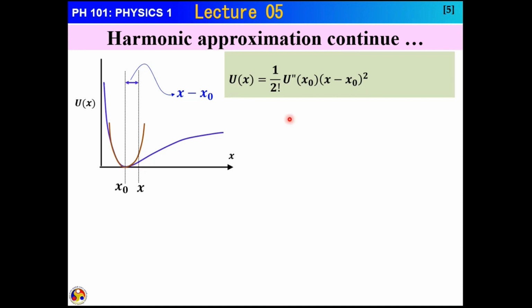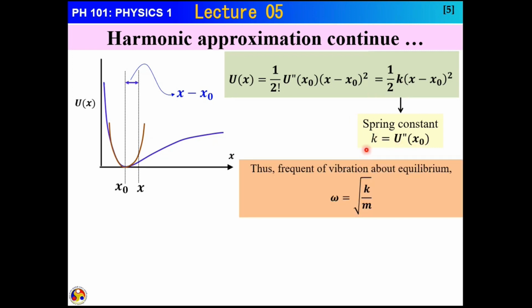Quantitatively, you can always write this potential like this. And why are we doing so? Because we know that the harmonic potential is given like this. So basically U double prime (x naught) is related to this k, the spring constant.